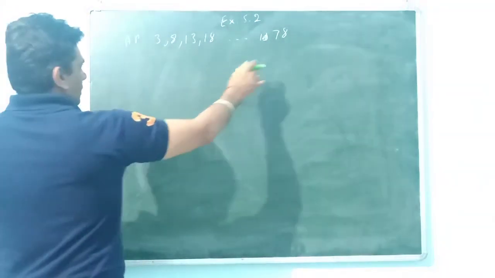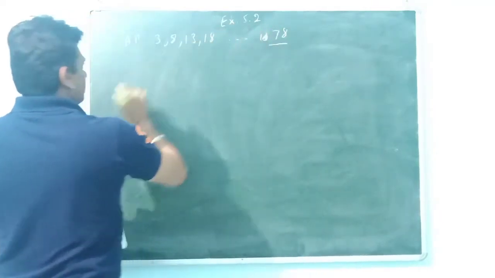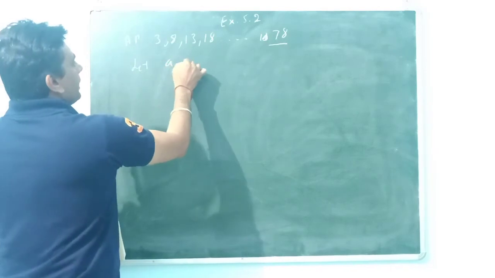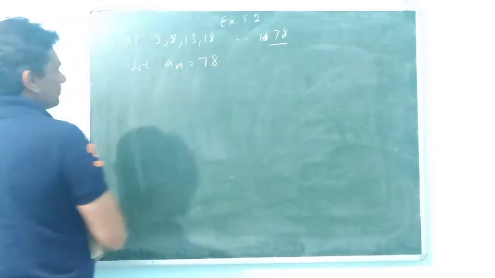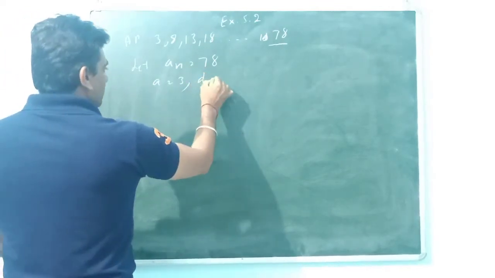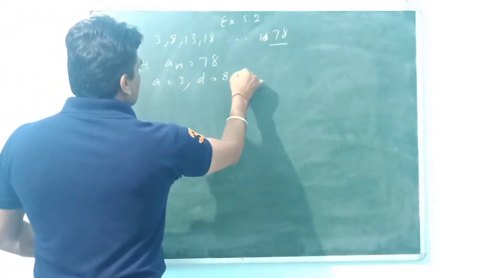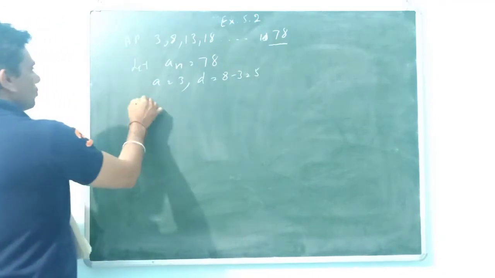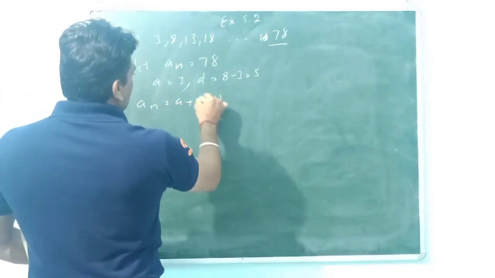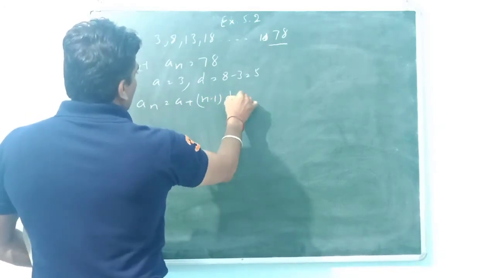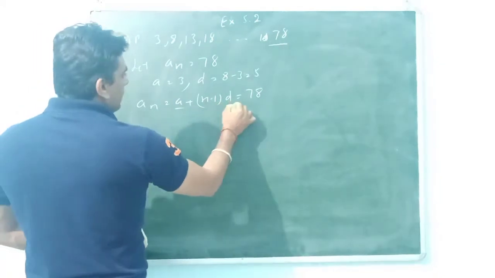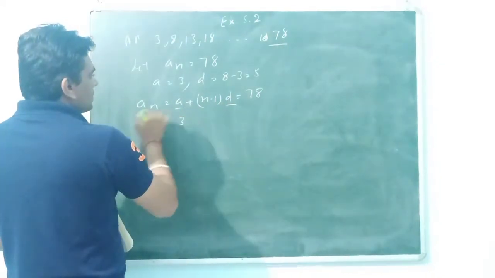So this is the last term. Let an is equal to 78. What is A? 3. What is D? 8 minus 3, 5. So an equal to a plus n minus 1 into d equal to 78. Put the value of a and d. What is a? This is 3.